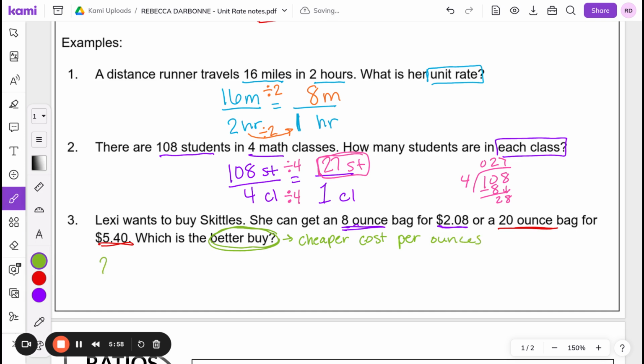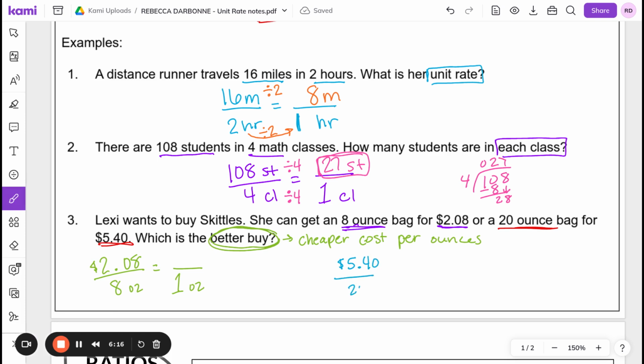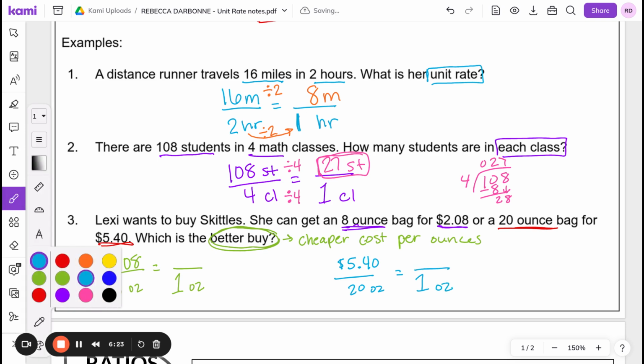So math-wise, we have $2.08 for 8 ounces. And we want to get down to 1 ounce. And then for her second option, we have $5.40 for 20 ounces, and we want to get down to 1 ounce. Again, for unit rate, we're always just scaling down to that denominator of 1.